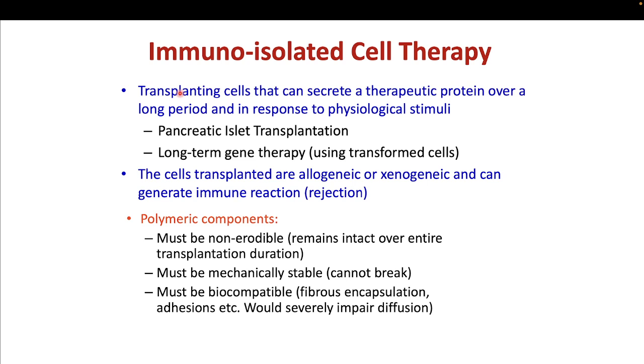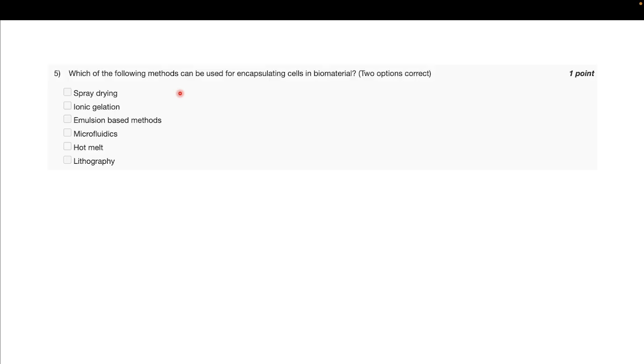Yes. Yeah. Thank you. So let's look at the next question. Next is, which of the following methods can be used for encapsulating cells in biomaterial? We have to choose two correct options.